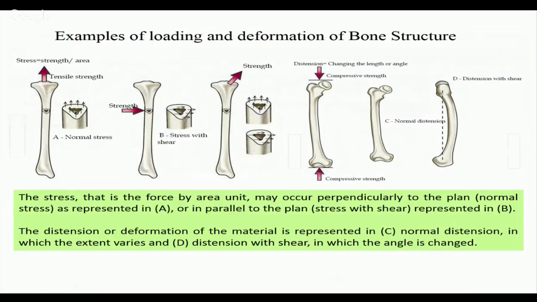Just to connect you to the world of biomechanics, here is an example of some loading and deformation of the bone structure. You can see that this is tensile stress, this is shear. So normal stresses due to tensile load, shear stresses due to shear load, and this is compressive stresses, and you can see the deformation due to the compressive stresses.